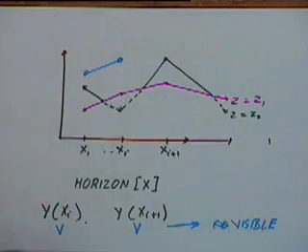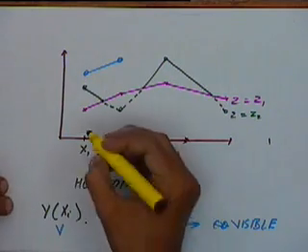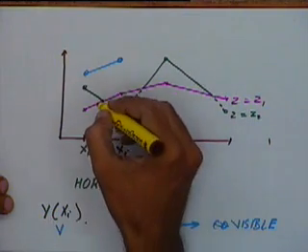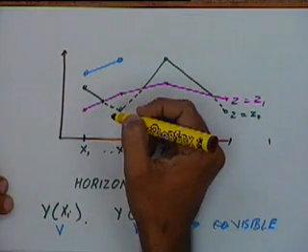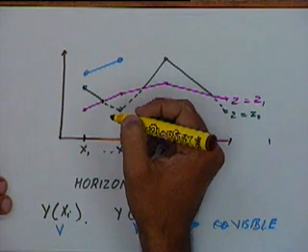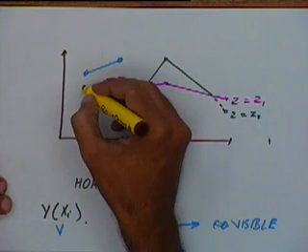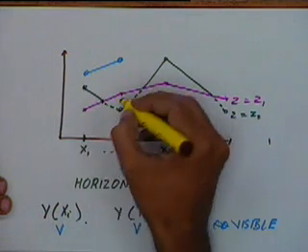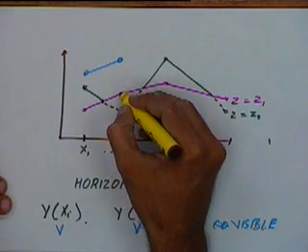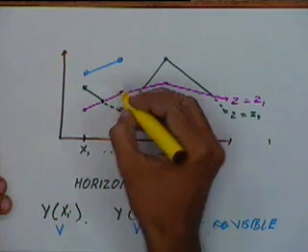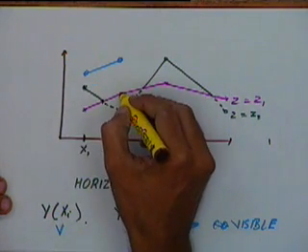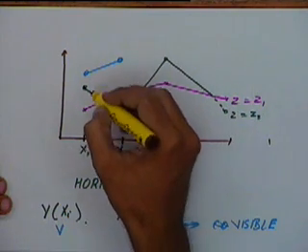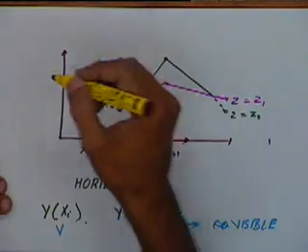Earlier I was taking data points at this level and at this level, but after this intersection my data point will also have to be taken here. The horizon in this portion can be found out by linear interpolation, and between this portion also. But I cannot just take the horizon here and the horizon here. So I will have to add this to the data point and then proceed from that point.